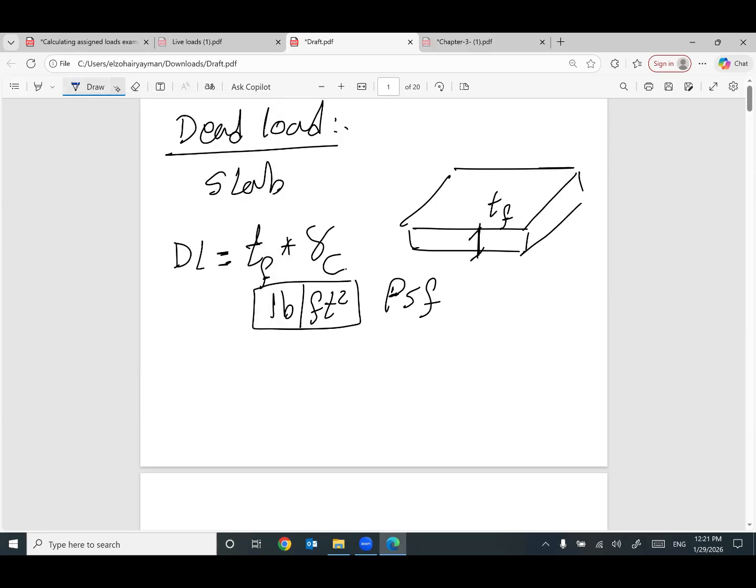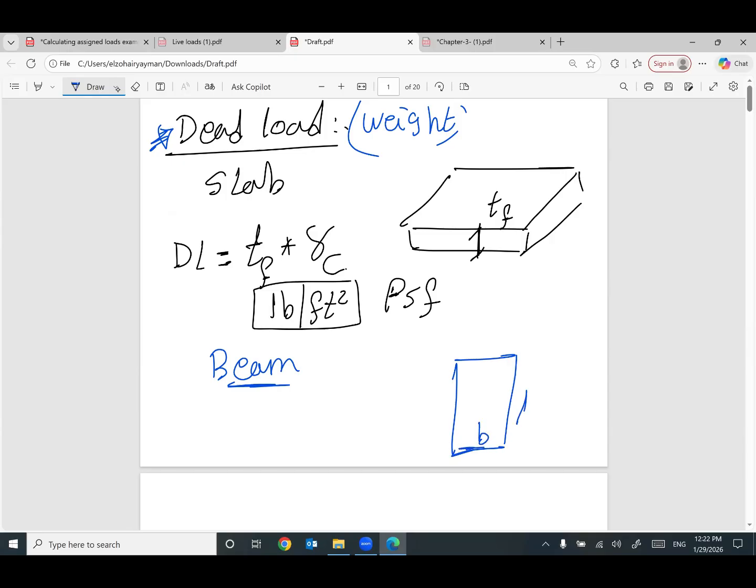And the load on the beam, I'm talking about dead load. I'm talking about the weight of the element, slab or beam. For a beam, your beam looks like this.